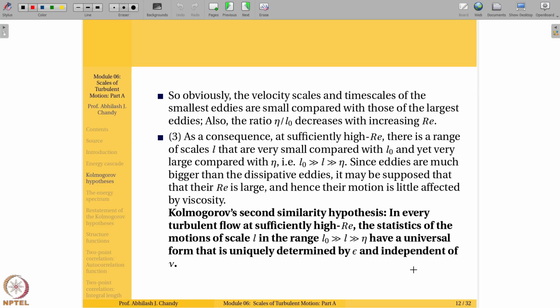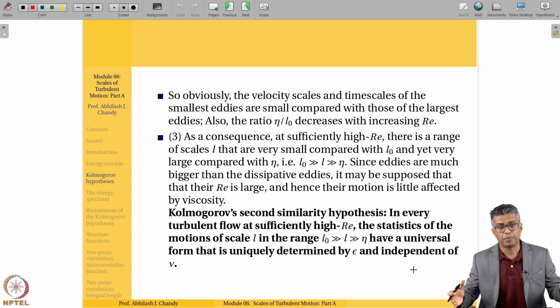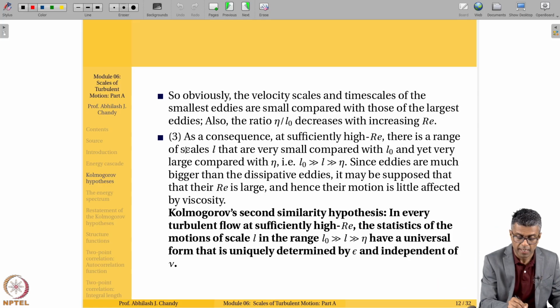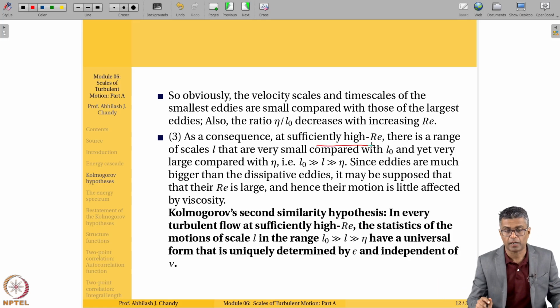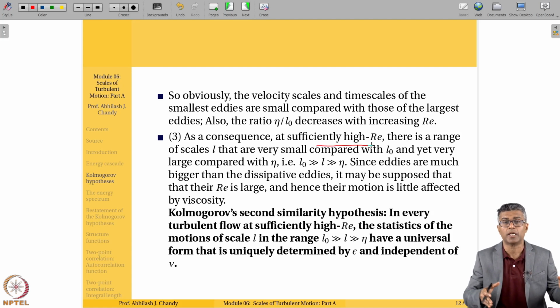So now what does this all mean? This takes us to the third hypothesis of Kolmogorov. Because of this wide gap between the smallest eddy and the largest eddy, Kolmogorov hypothesized that at sufficiently high Reynolds number, there is a range of scales L in between the largest and the smallest.